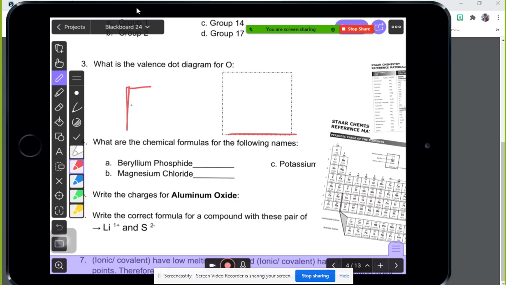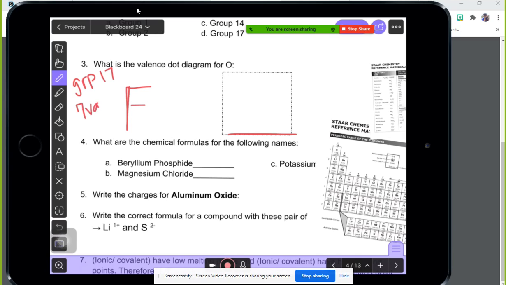All right, so fluorine. So looking at our periodic table, fluorine is in group 17. So how many valence electrons? How many valence electrons on fluorine who is in group 17? And people at home, you guys can answer in the chat or out loud as well. Group 17. Oh, 7. Yes, good.